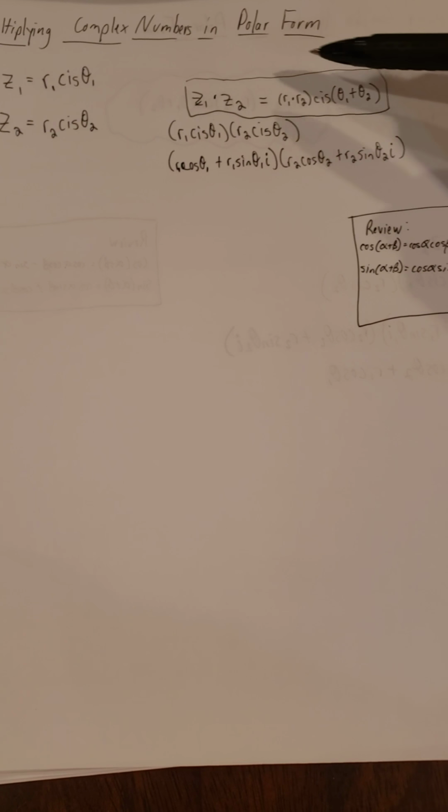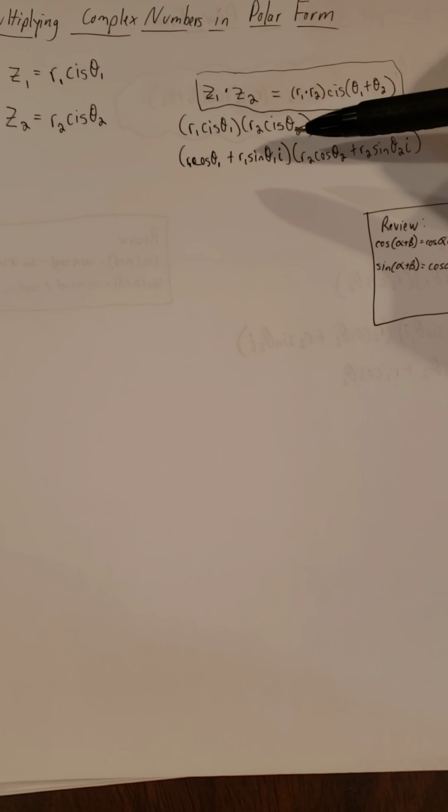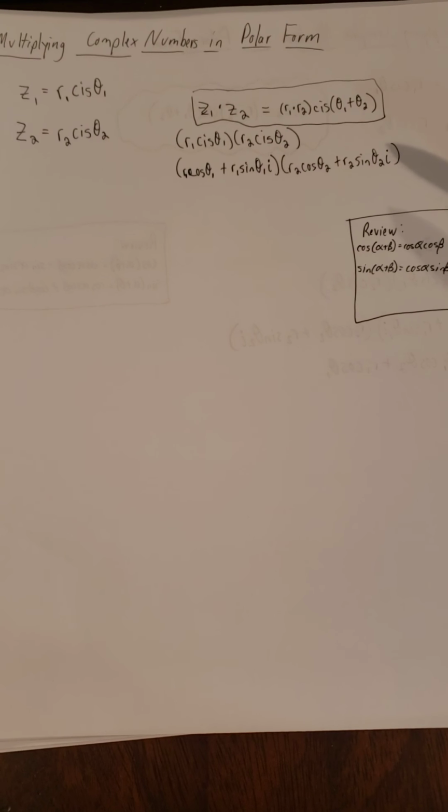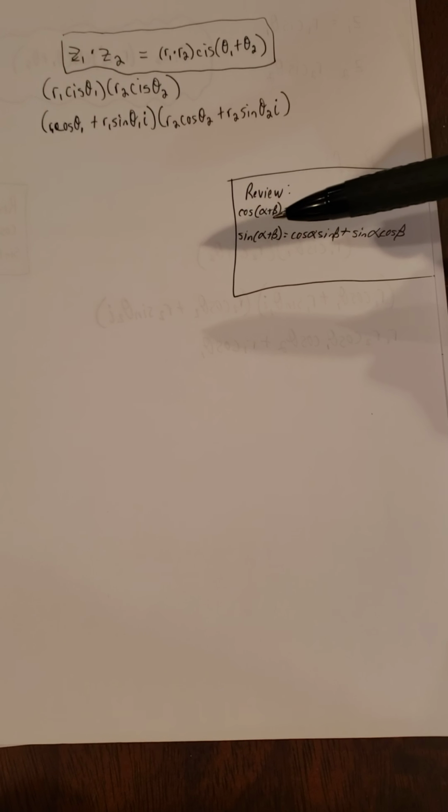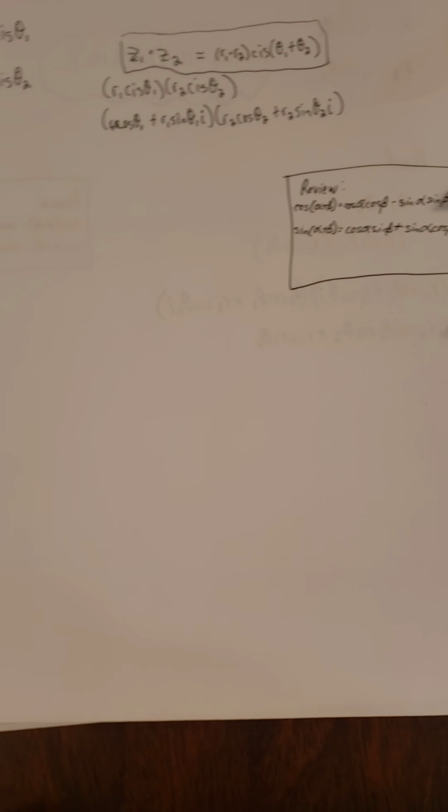Although I just gave you the formula here, we can actually prove this. The reason that we can prove this is because you know your addition properties of trigonometry, your formulas for cosine of alpha plus beta and sine of alpha plus beta.